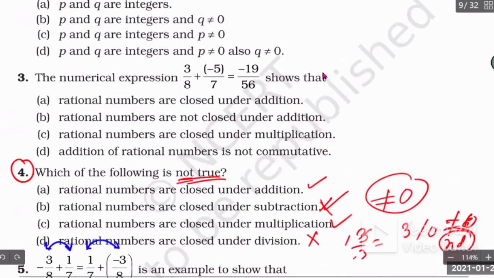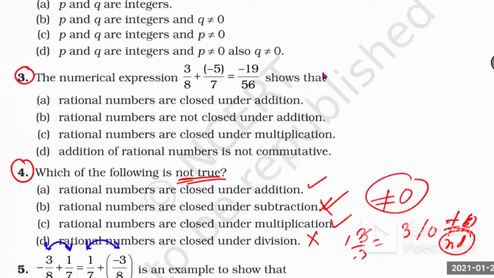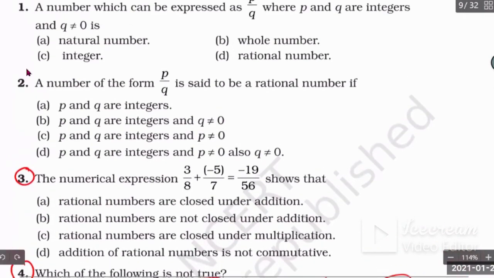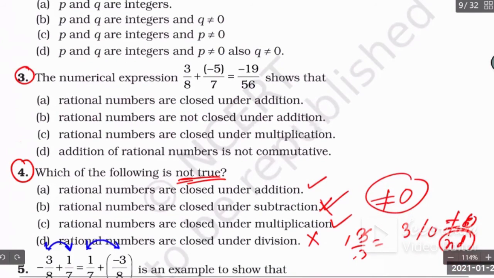Question number 3. This shows that rational numbers are closed under addition. 3A or 3B?